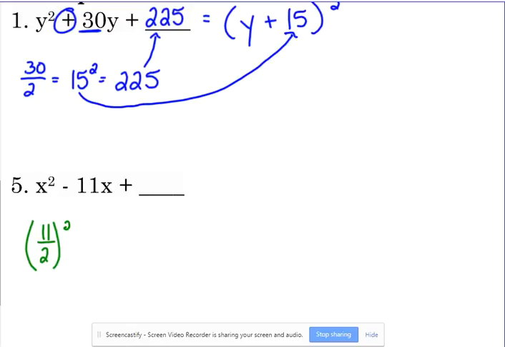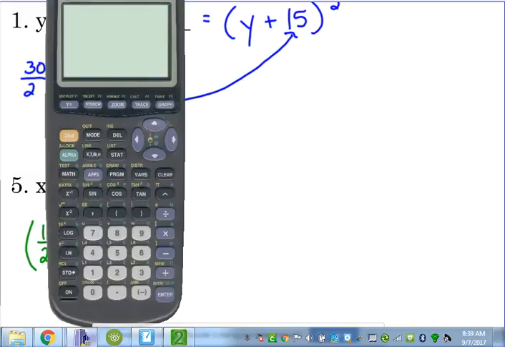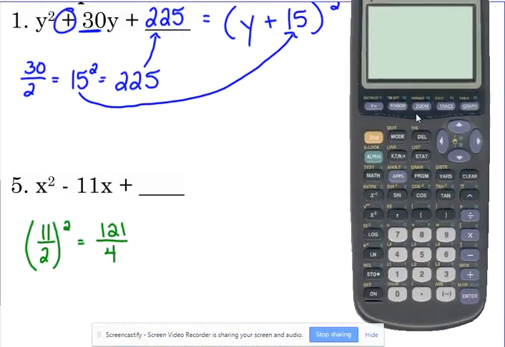So then we're going to square that. Well, when you square a fraction, you square the numerator. 11 squared is 121. And you square the denominator. 2 squared is 4. You can type that into your calculator. Your calculator will do it. You just got to make sure that you put parentheses around the 11 over 2, squared, and go ahead and press math enter, because it's not going to give it to you in fraction form. Okay?